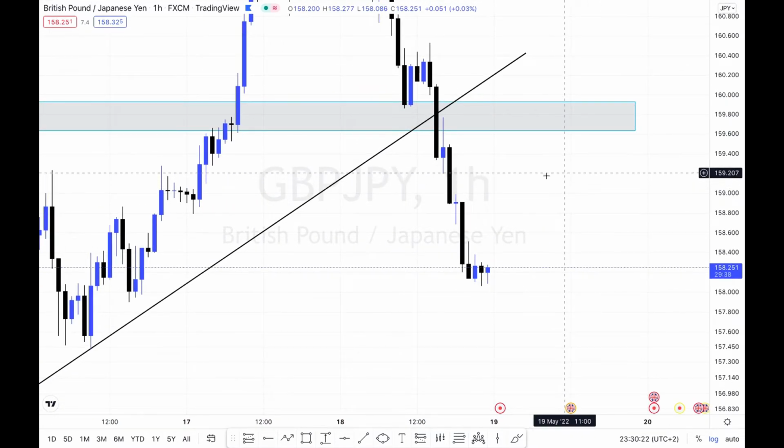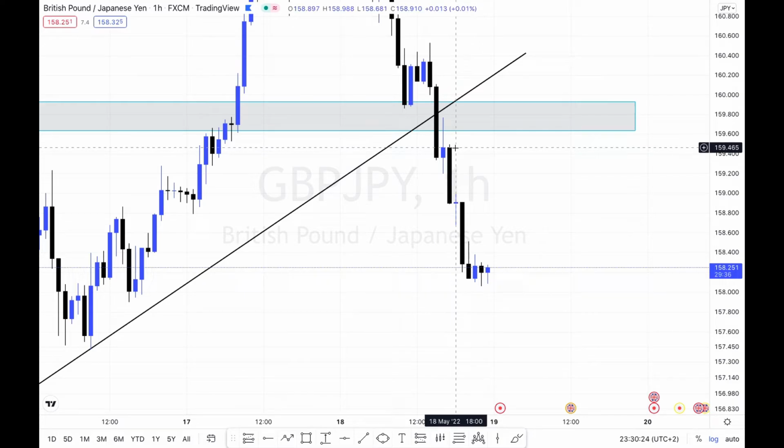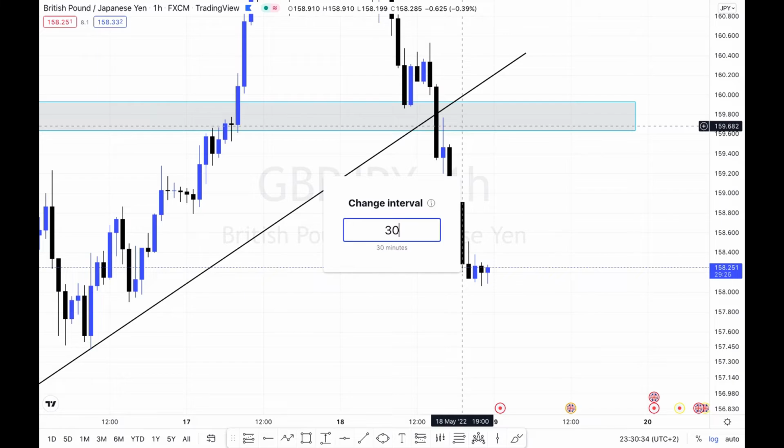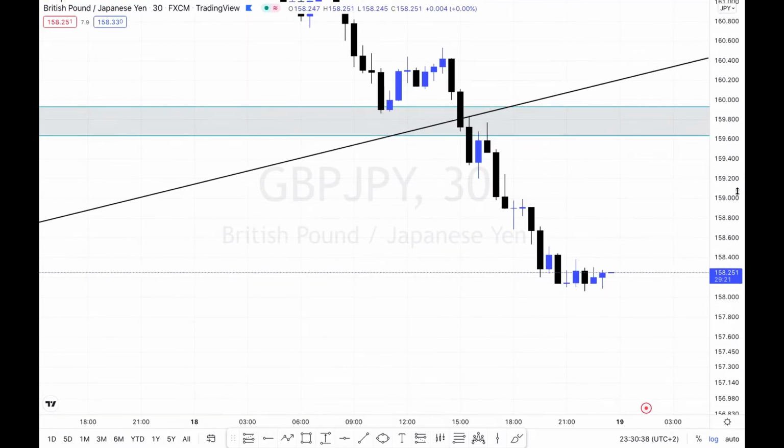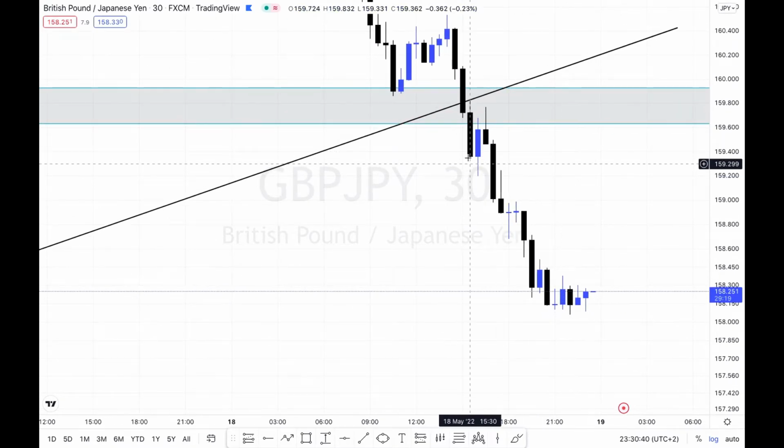So I personally saw this trade on the hourly, right? Saw this break, waited for price to retest, then I told myself I'll take an entry, go to the 30 minutes. So this is where I took my trade. So as you guys can see, candle broke support.